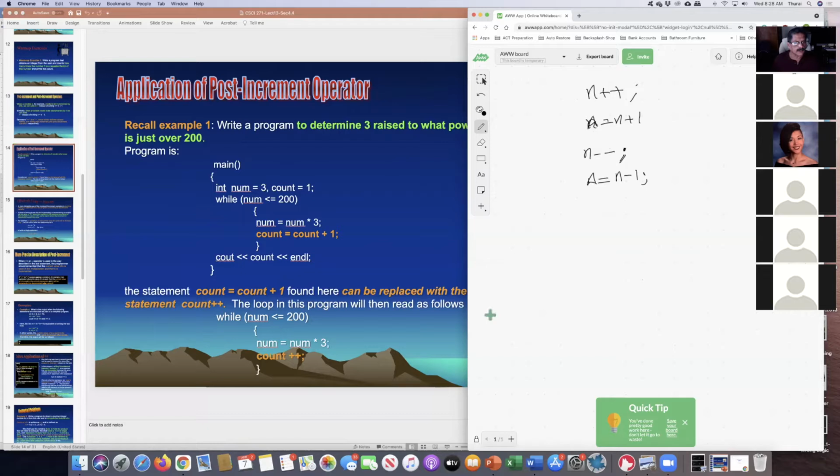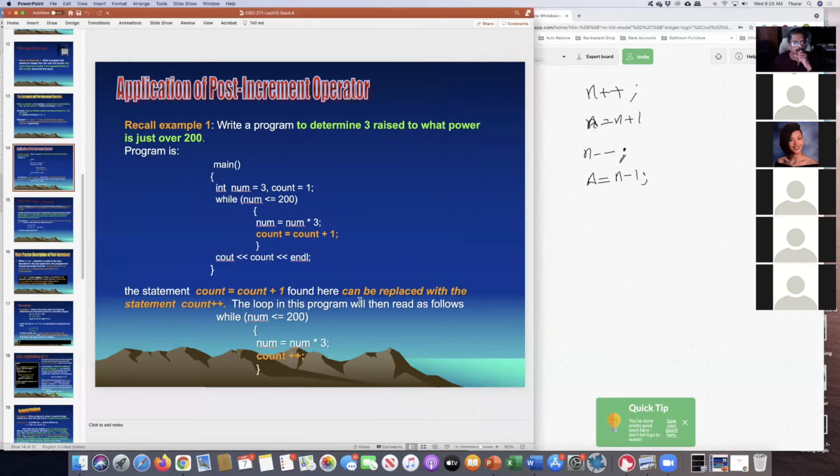So let's go to the next page. Here's an example. This was the program we wrote to find the number that is closest to 200, but it's a power of 3. We wrote that in section 4.1, and I'm rewriting it. Num starts at 3, and count is keeping track of the power.